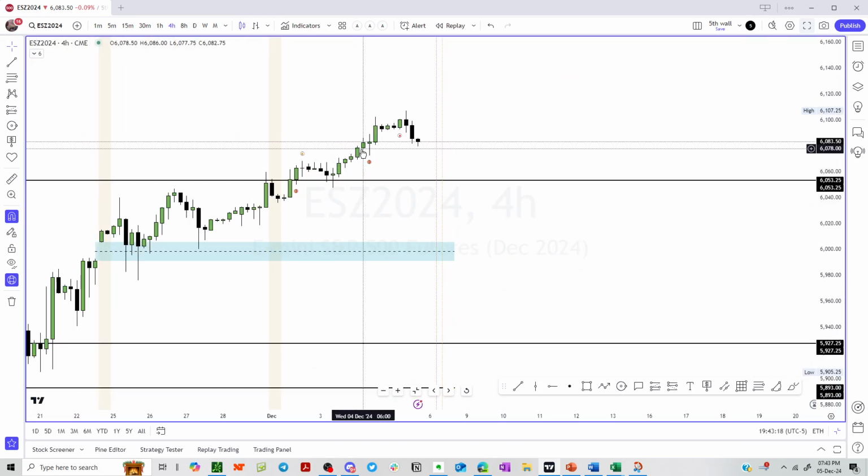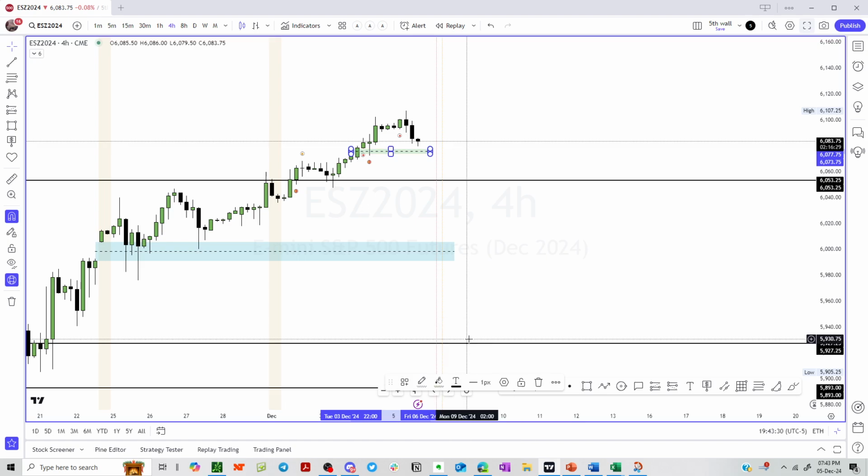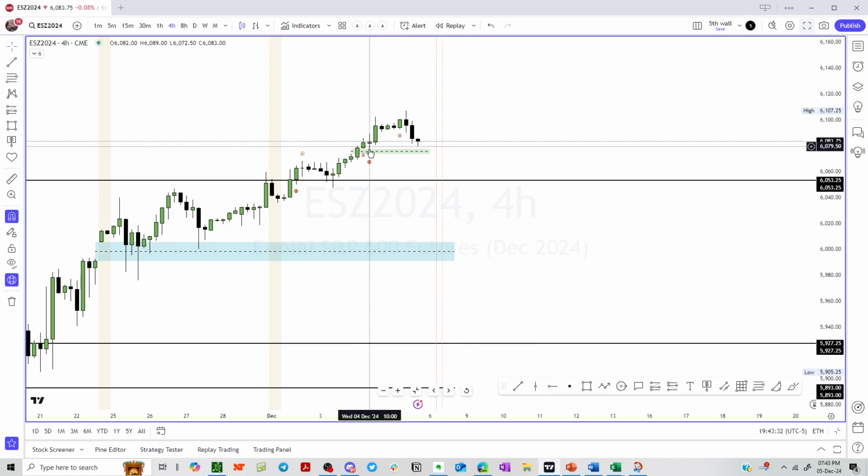Not sure if I highlighted that already, but we have that pullback into this imbalance, push higher. Boom, creating the swing high.